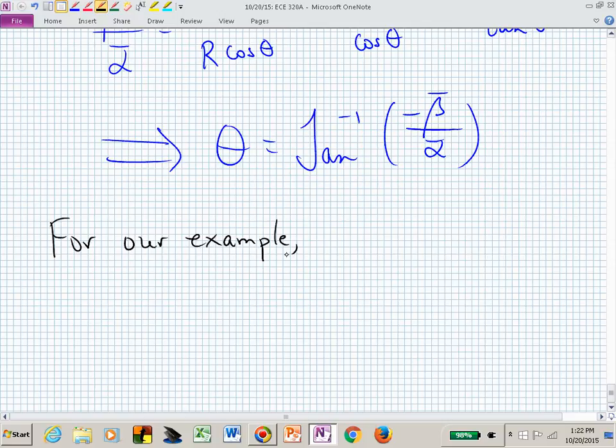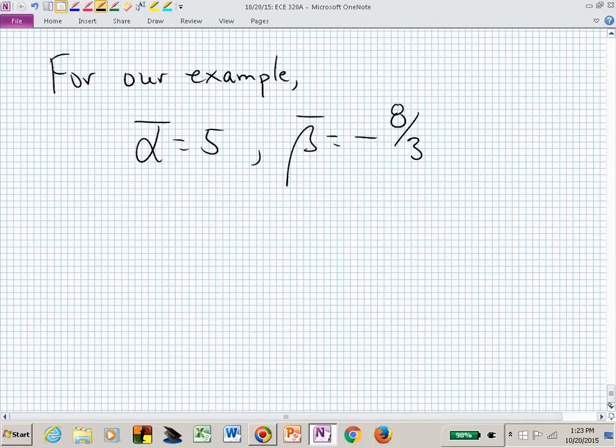In our example, what did we have? We had alpha bar was 5, and beta bar was minus 8/3, wasn't it? So now if we plug that in, we find that R better be a little bit bigger than 5.